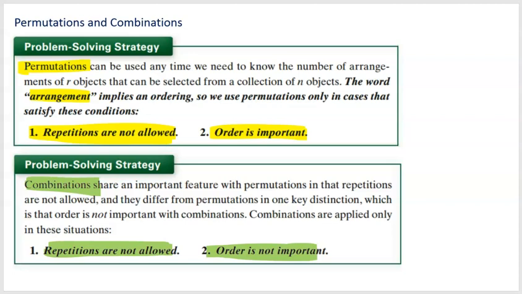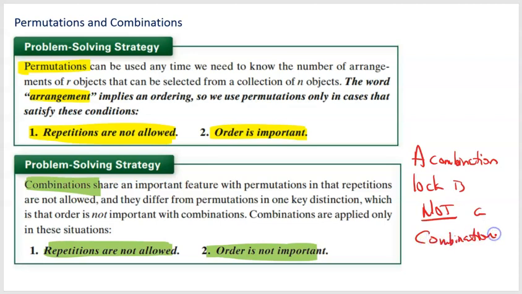Now, something that may or may not help you, but I want to write this down because I think it's funny. A combination lock. Y'all have had them, right, on your locker at school. A combination lock is not a combination. Why not? It's a permutation, but why not?